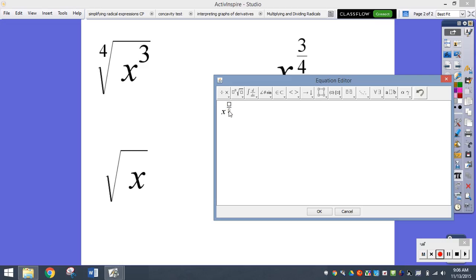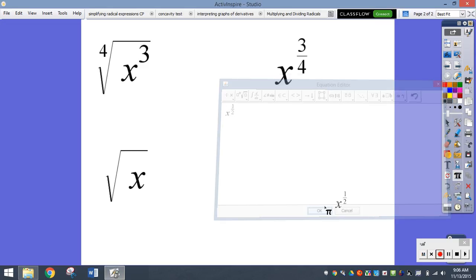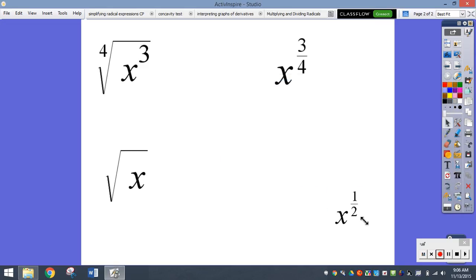The denominator is the root of 2, the exponent is 1 because there's nothing written there. And so the square root of x is the same thing as x to the 1/2. I have to remember that those two things are understood to be there. If there's no index, no number here in the elbow, that means it's a denominator of 2. And if there's no exponent here, we understand that to be an exponent of 1.